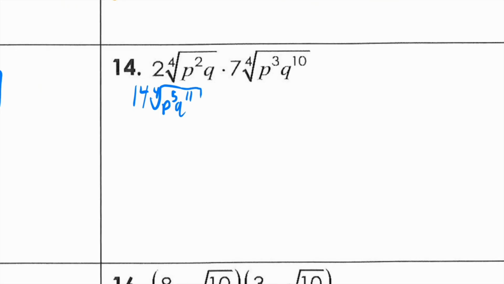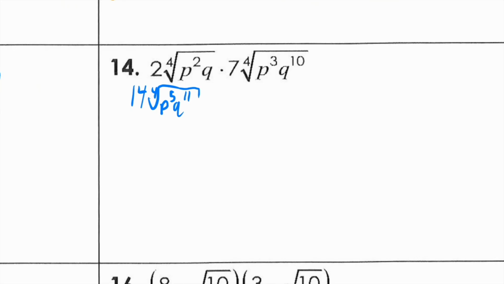So the 4th root of p to the 5th and the 4th root of q to the 11th. So that'll be p to the power of 5 over 4 and q to the power of 11 over 4. And for p, that's the mixed number 1 1/4.